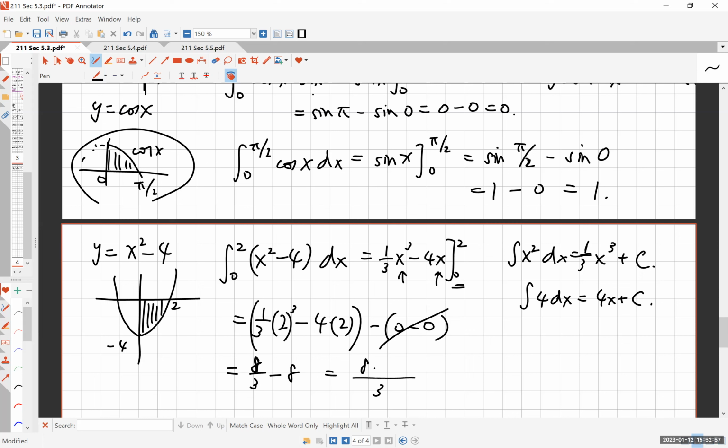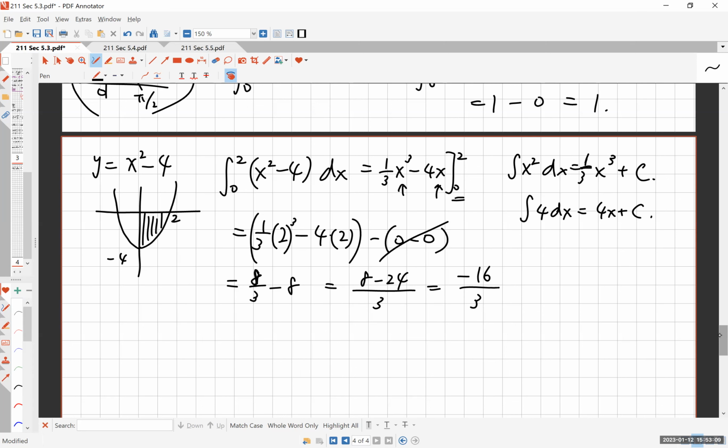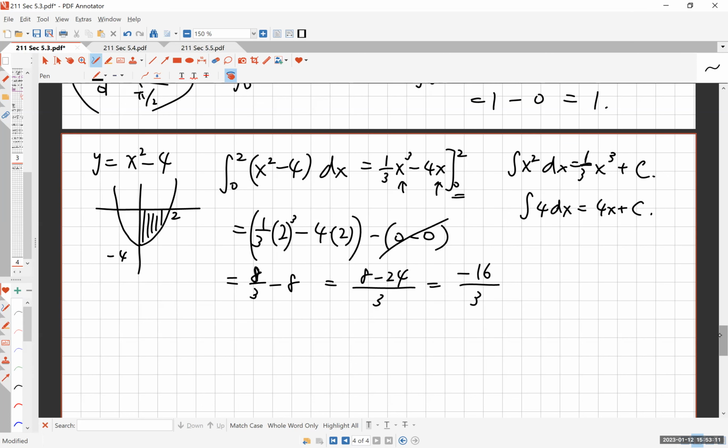Are we saying that area is negative? Well, by definition, when you say the area of a region, we are thinking of a positive number. So the fact that this is negative is due to the fact that this part is below the x-axis. If you're looking for the area, then simply you take the negative of this, which is 16 over 3.